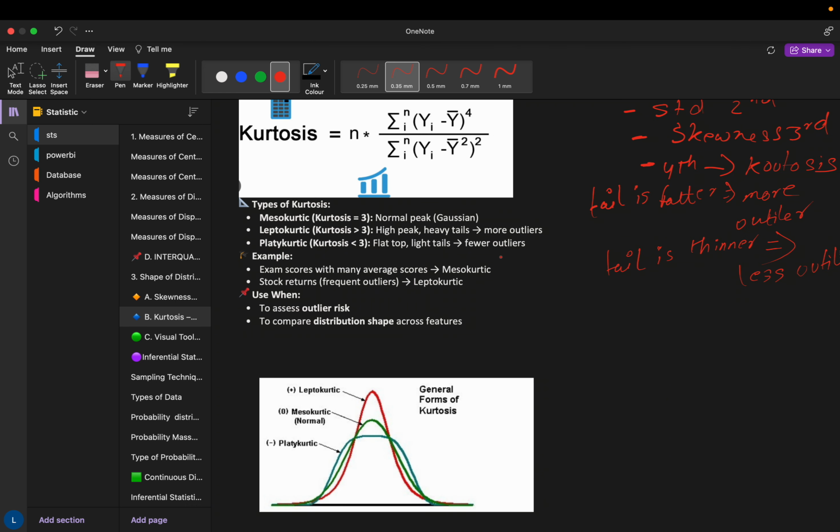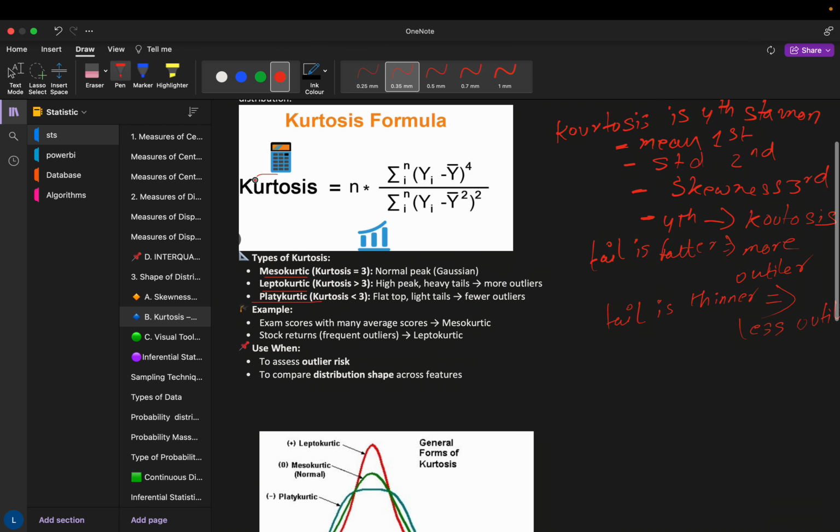We normally have three types of kurtosis: leptokurtic, platykurtic, and mesokurtic. When we use the formula of kurtosis and get the value, we then subtract 3 from it.